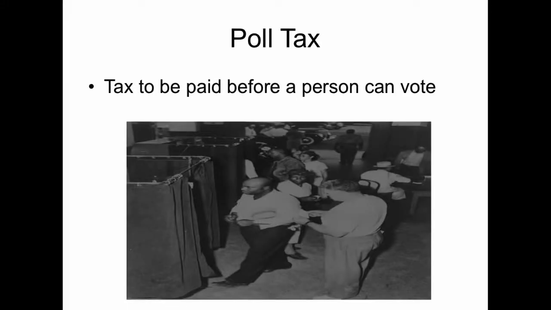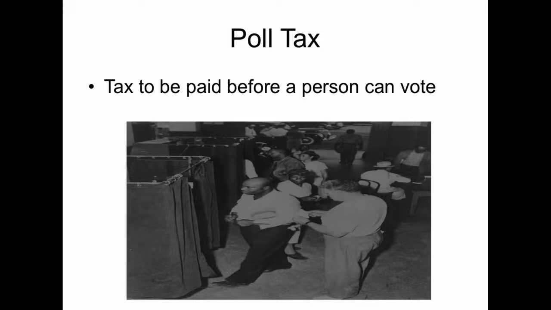Another place where we're going to see the impact of Jim Crow laws is through the process of voting. In 1870, the 15th Amendment gave African American males 21 and older the right to vote. The thing, though, is that there's a world of difference between the law saying that you can vote and actually being able to cast a vote.